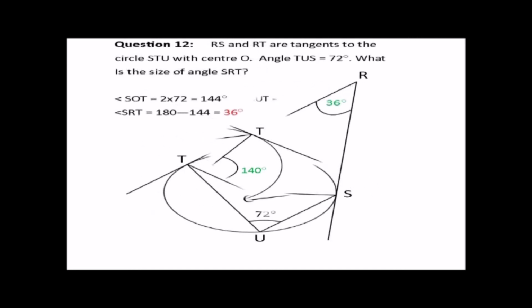And we move on to question 12. Again, you have the two tangents drawn from a point to a circle, so you have to work out angle SRT. And because of the fact that they're supplementary angles, again, you get it equal to 36 degrees. The angle at R would be 36 degrees.